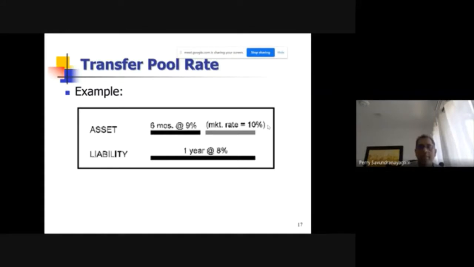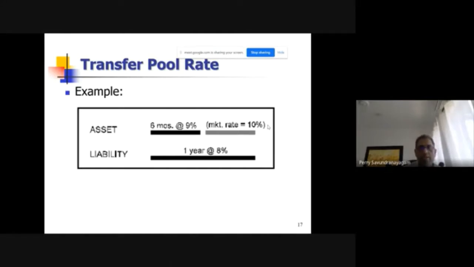For example, if the consumer guys borrow at 9 for 6 months, and then there's a liability, the market rate equals 10%. So he has basically taken it at 9 and then it is 10. Right? Sorry, let's put it this way.